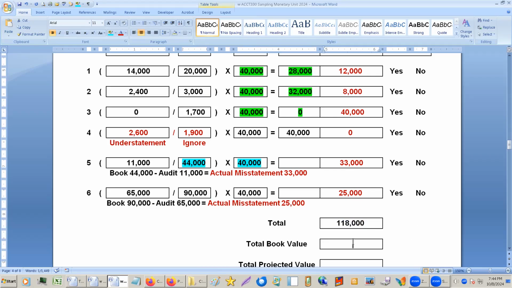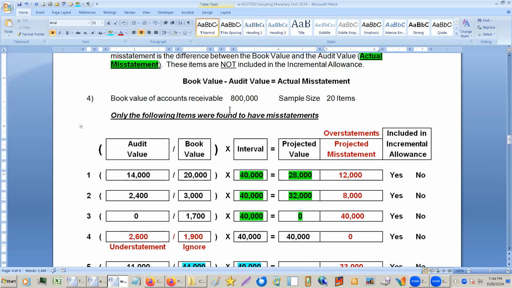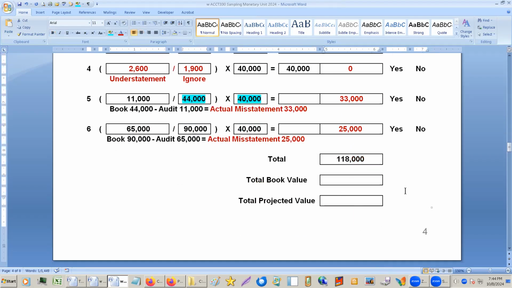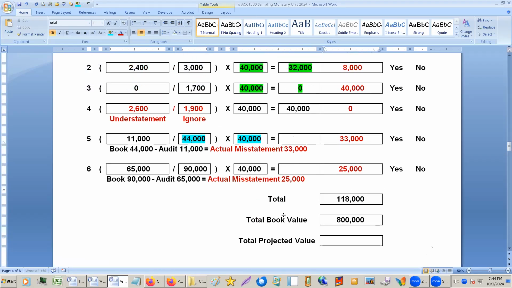So 118, we have a book value of 800,000. Now, we're saying it's overstated. So what is the projected value of this? $682,000.